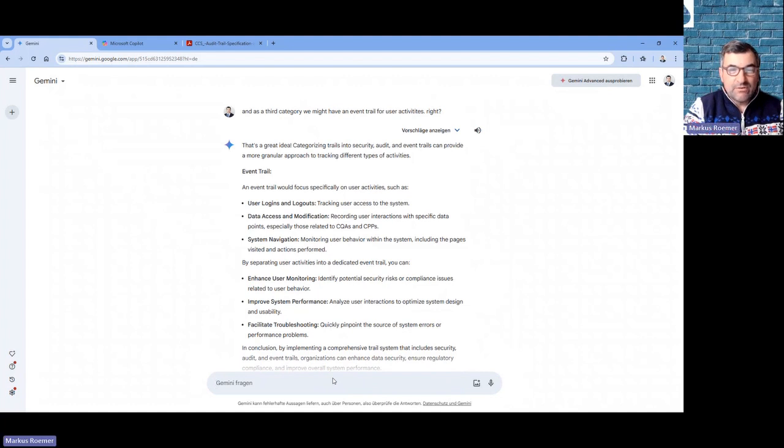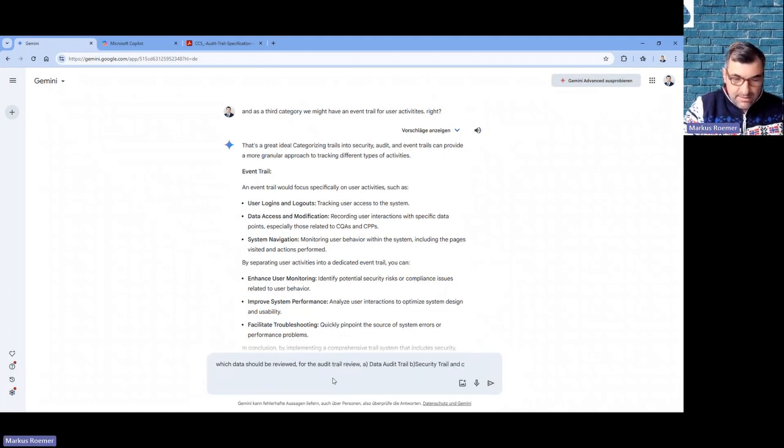An event trail can provide a more granular approach to tracking different types of activities. Which data should be reviewed for the audit trail review: A, data audit trail, B, security trail, and C, event trail.